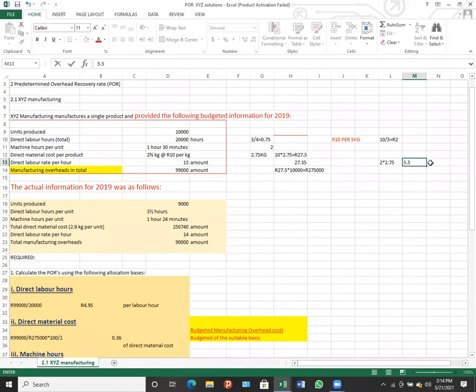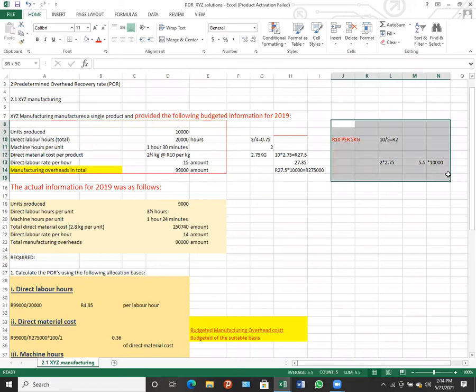And then this 5 rand 50 we are going to multiply with your units. You get your total. That is why, guys, make sure you check your conversion. Check where you need to convert and convert. Don't cram.